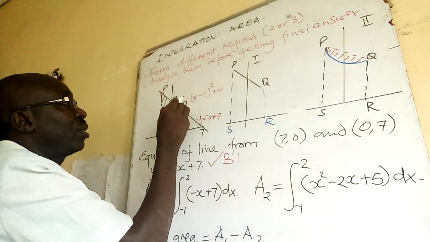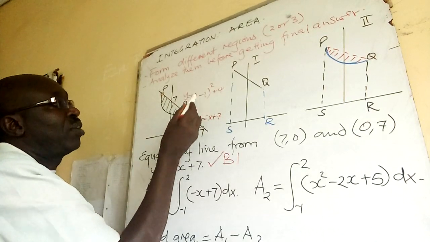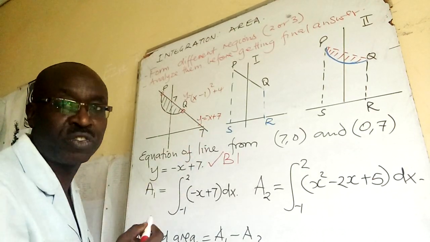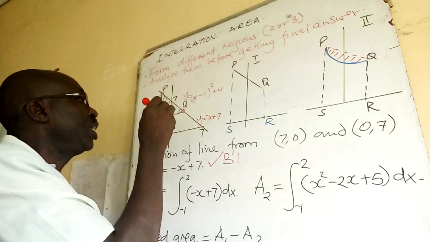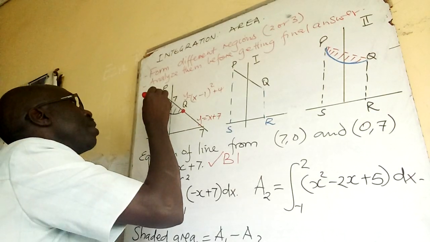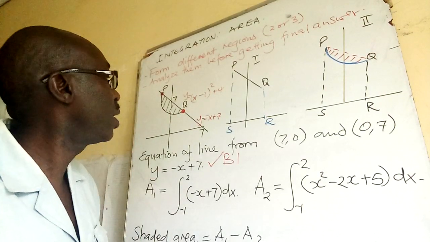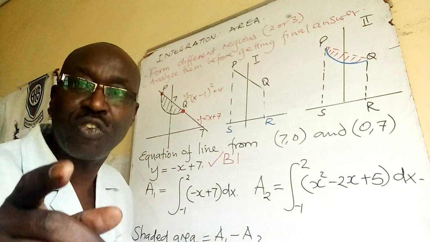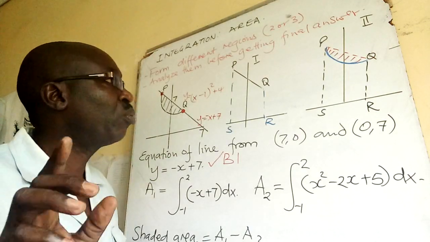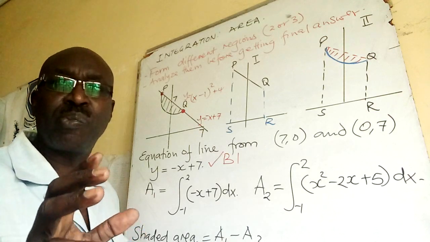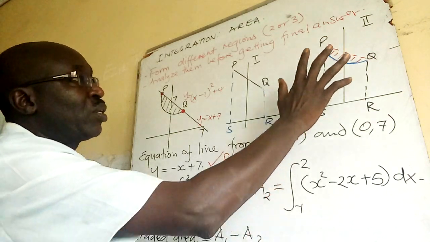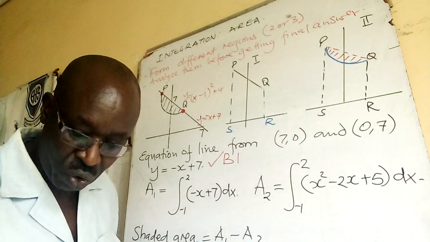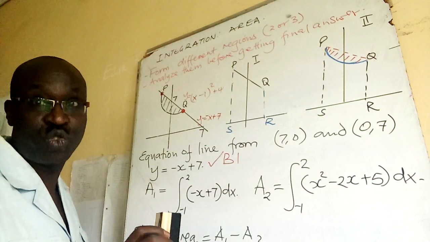You are given the equation of the curve, and we found the equation of the line. So this point Q and point P are points of intersection. So please, how do we get points of intersection? I want to do it here because now you have known, I can work it there for you.